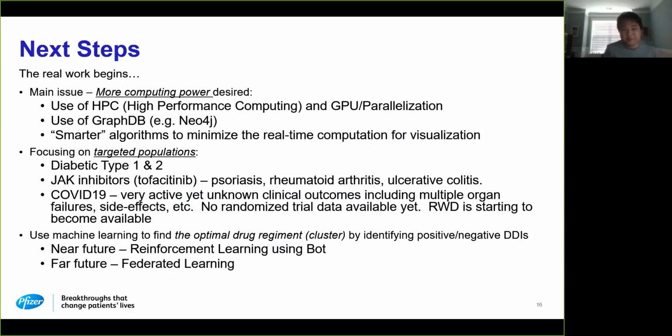And use machine learning to find the optimal drug regimen or the cluster by identifying positive and negative DDIs, so drug interactions. So in the future, we'd like to use reinforcement learning using the bot, and far down the future, we'd like to use what we call federated learning. And I'd like to talk a little bit about that in a minute.